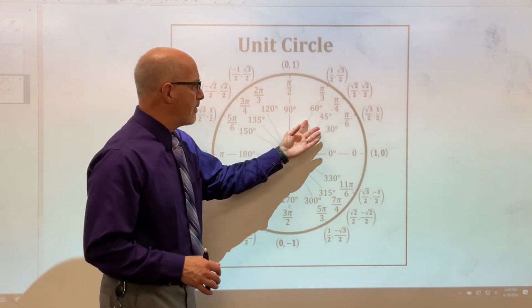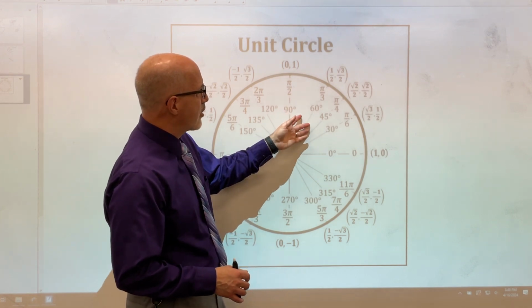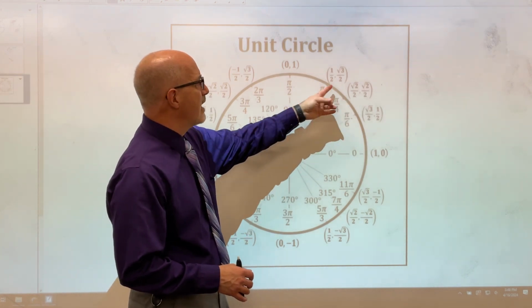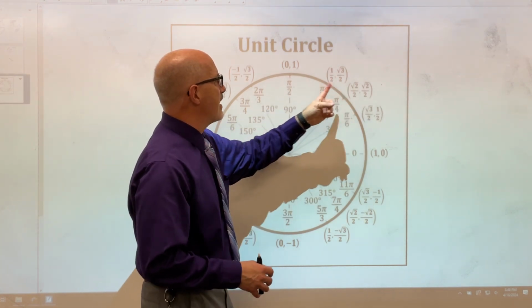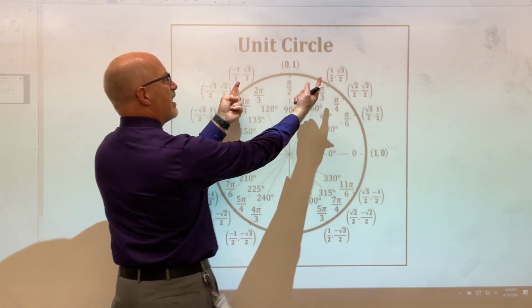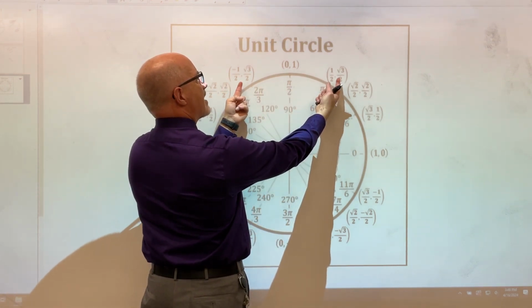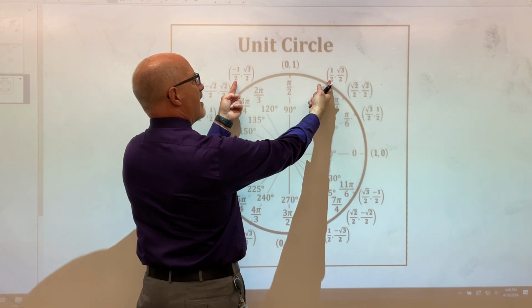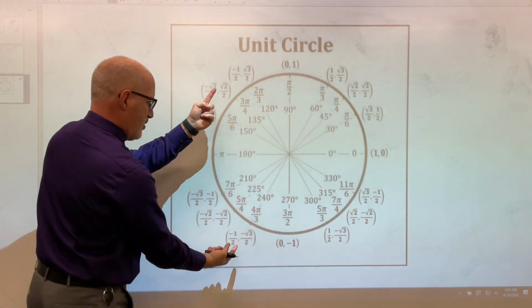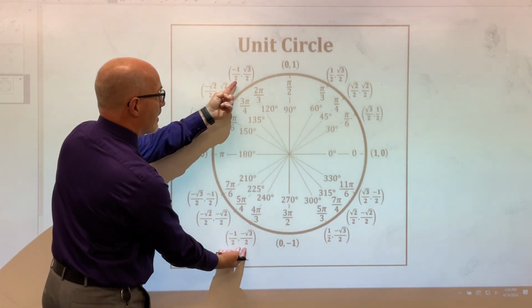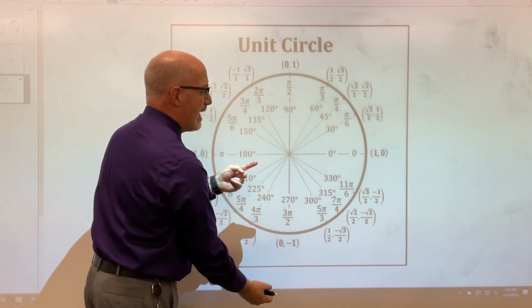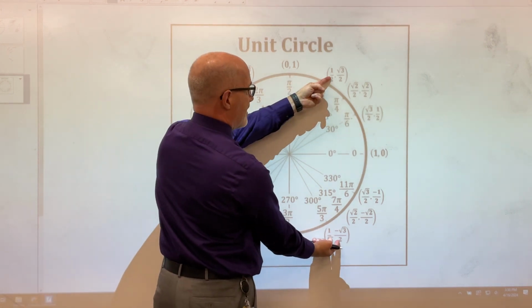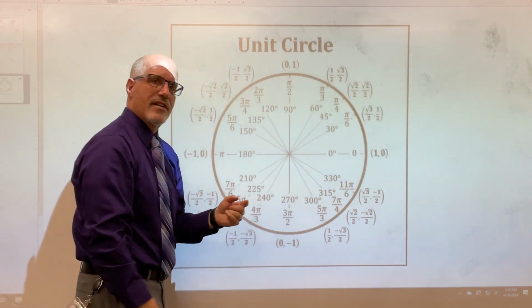We have the 30, 45, and 60 degree angles in the first quadrant, their values, and then you see them repeated. Like if you look at these two, they're the exact same, only the x is negative here. These two are exactly the same as that, only now the y is negative. And then these two are exactly the same, only the y is negative on that one.